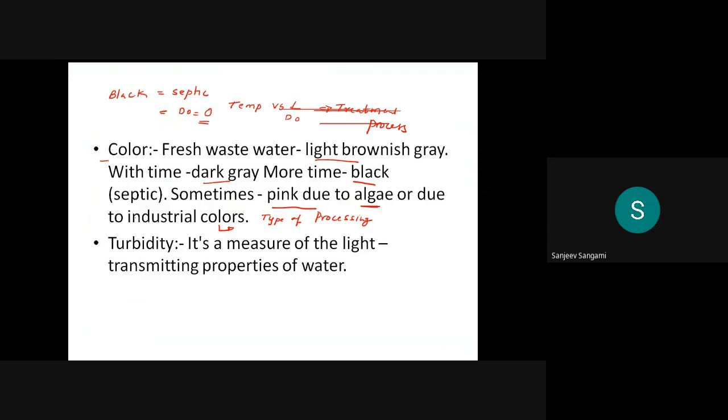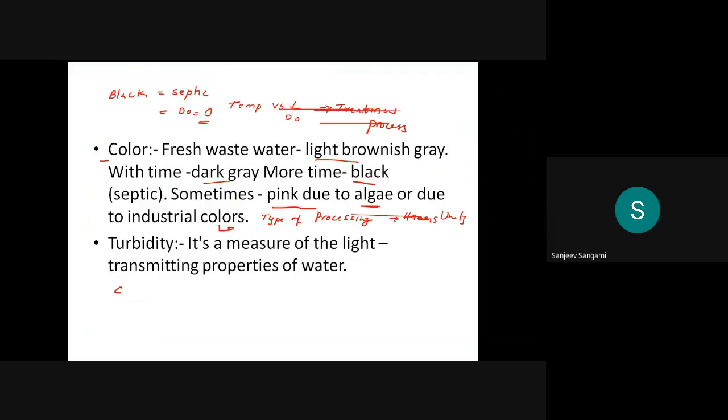Then of course, this color is measured in Hazen units. Then turbidity. Color and turbidity have their own differences.